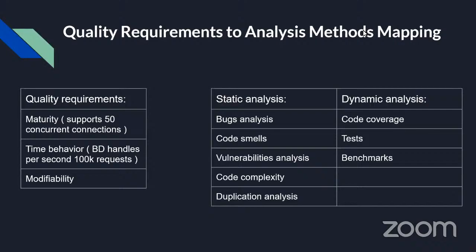So we created a list of quality requirements and static analysis methods and mapped them. We highlighted maturity with code coverage, and next was time behavior, which was related to benchmarks.